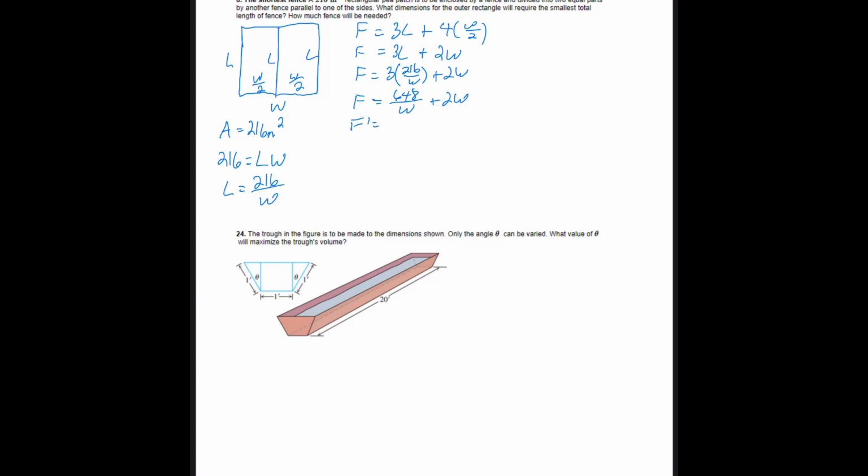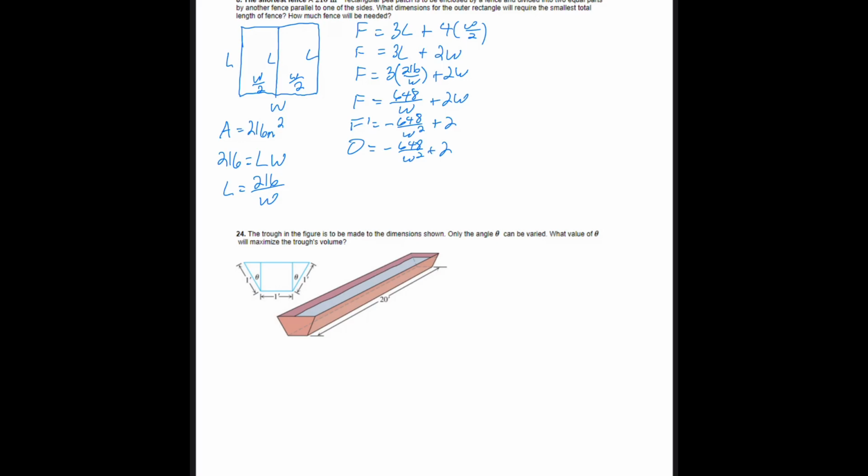And so now to maximize that, what we can do is find the derivative of this. So F prime would be the derivative of 648 over W, which is the opposite of 648 over W squared, plus 2.